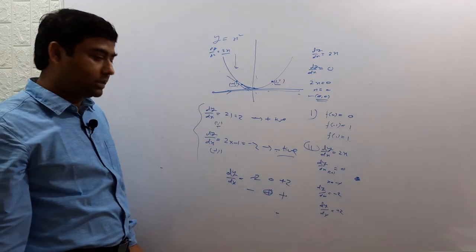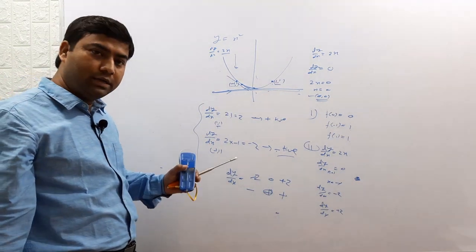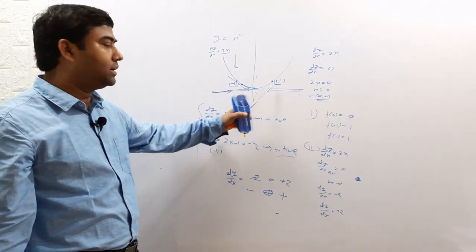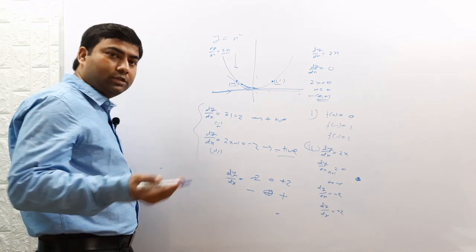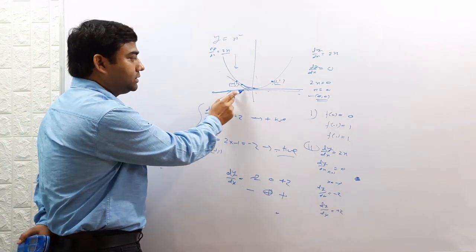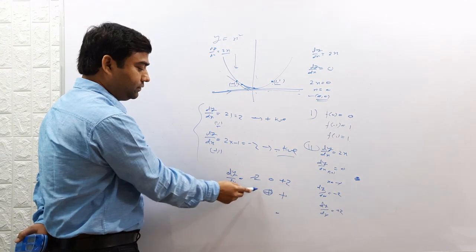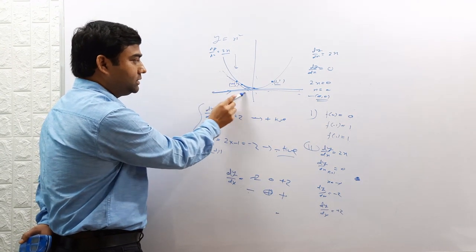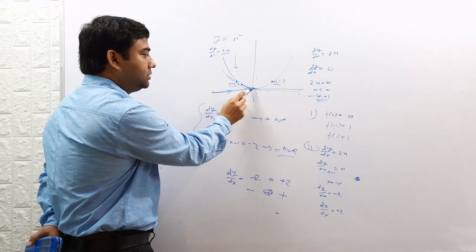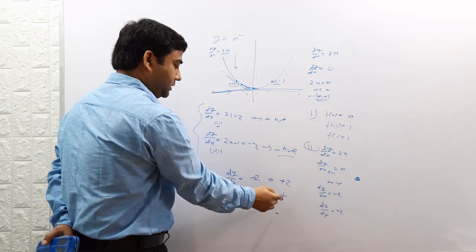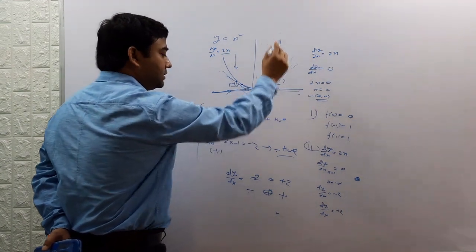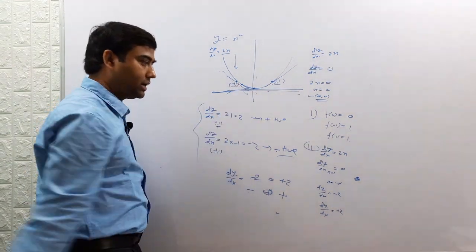This is the trend of change in sign. And earlier we have discussed this trend is for minima, by virtue of the nature of the tangent. This is negative before the turning point, that means the tangent is like this, it is decreasing. Here it is 0. At this point, this is positive, that means the tangent is like this, it is increasing. Hence the function is minima at this point.